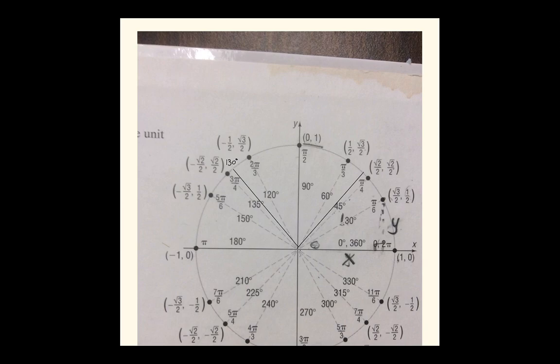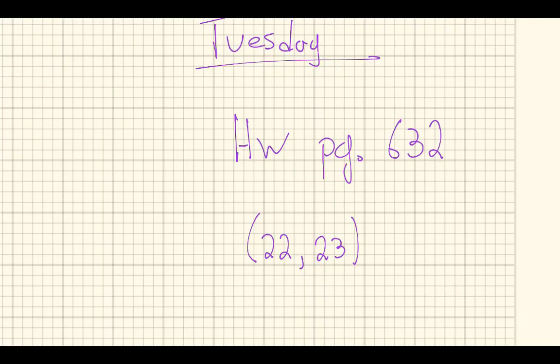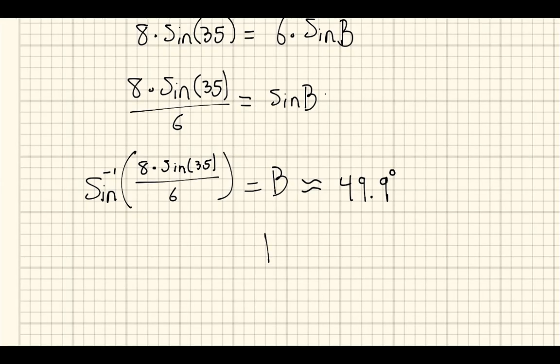So if I'm going back to this, B could be 49.9 or B could be 130.1. Now, how do I know if I can use two triangles or not? Or sorry, two angles or not?